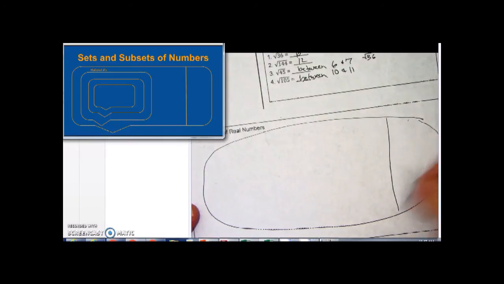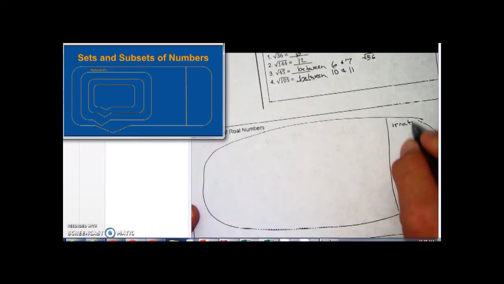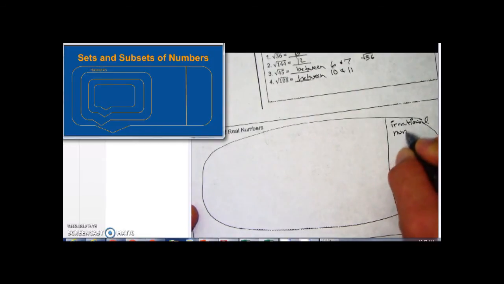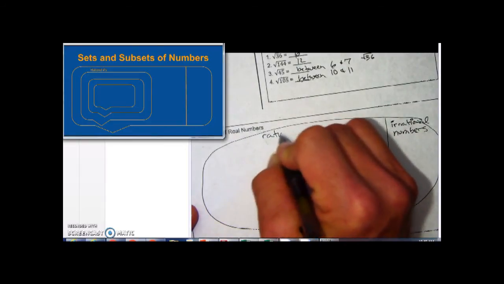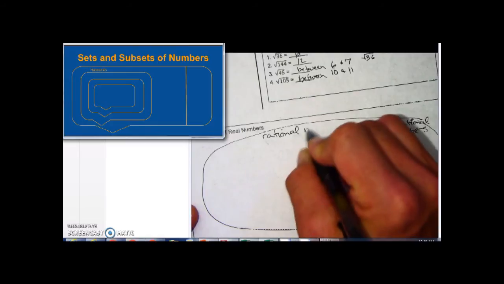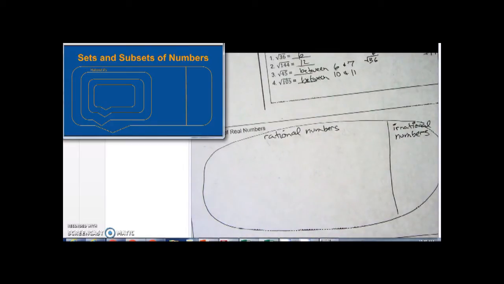There's a little section over here we're going to save for irrational numbers. So everything on this side of this circle are rational numbers. So does anybody have an example of an irrational number?